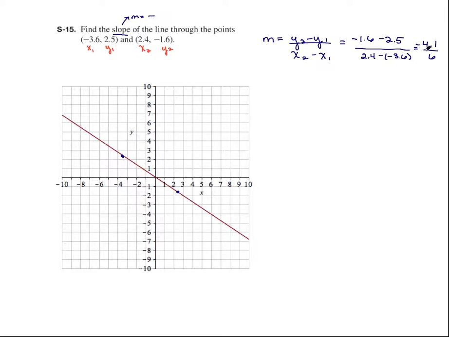Then you can simplify this, so that simplifies down to negative 0.683. Okay? This tells us that our slope is negative and our function is decreasing by 0.683 on the y every time x goes up by 1.